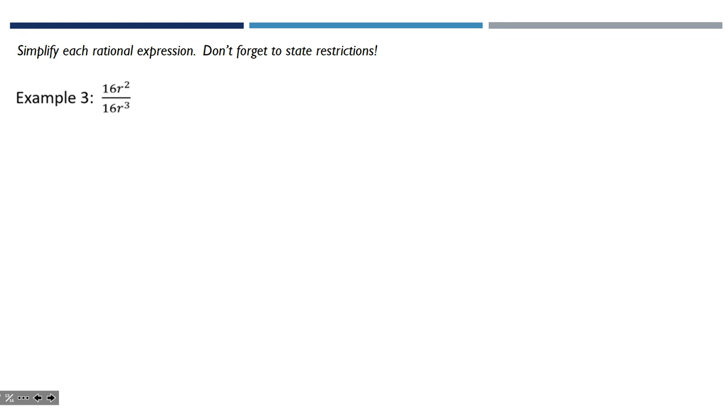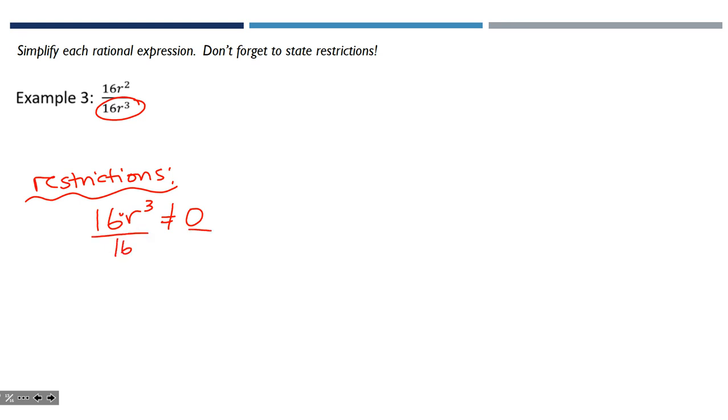So my restrictions, again, remember they're on the denominator. So the restrictions are where or what can't the denominator be so that the whole thing can't be equal to 0, right? So I take 16r cubed and set it not equal to 0. So this means 16 times r cubed. So I can divide both sides by 16.